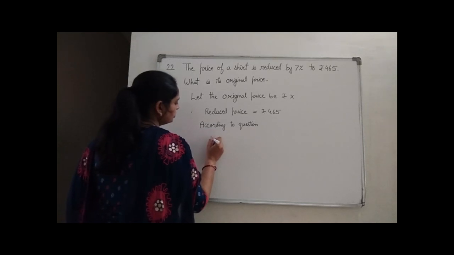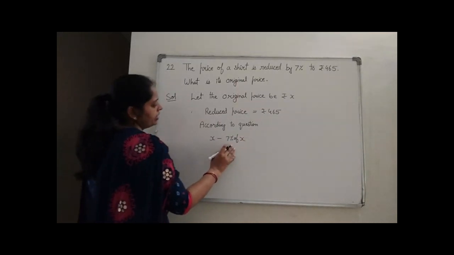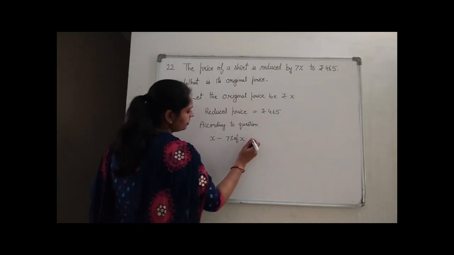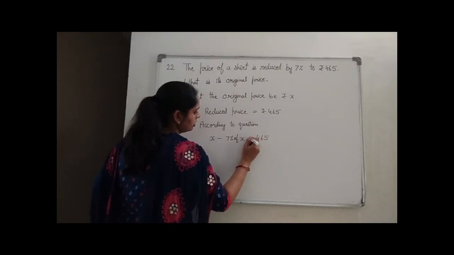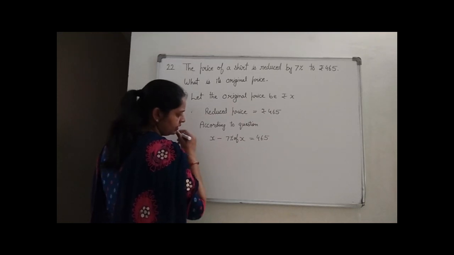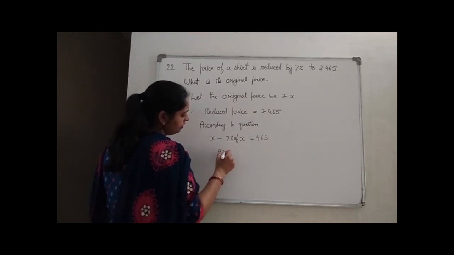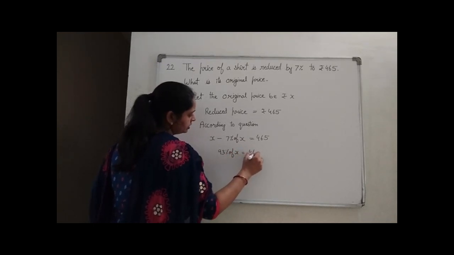We are having x minus 7% of x. Reduction is there, so minus will be there. x minus 7% of x is how much? 465 rupees. Right? x minus 7% means how much percent we are having? 93% of x is equal to 465.